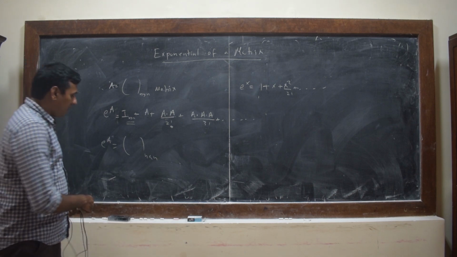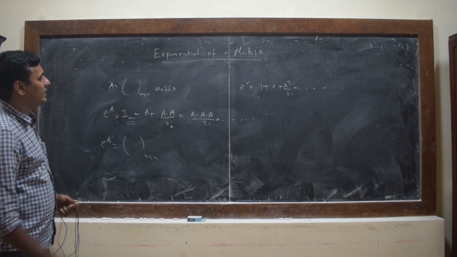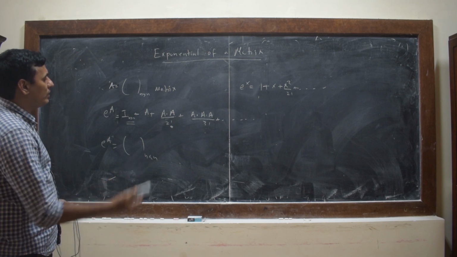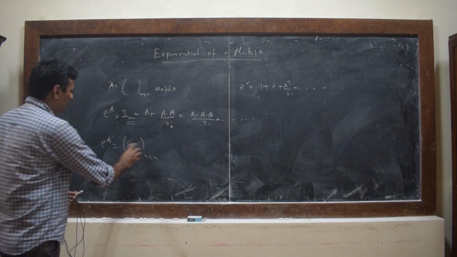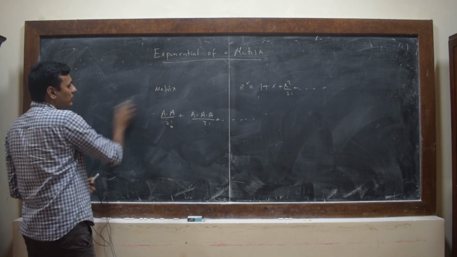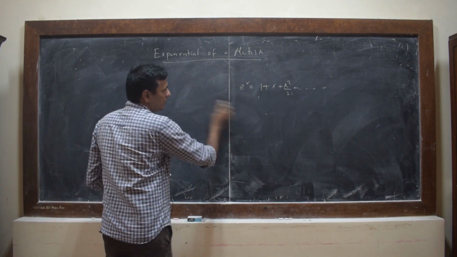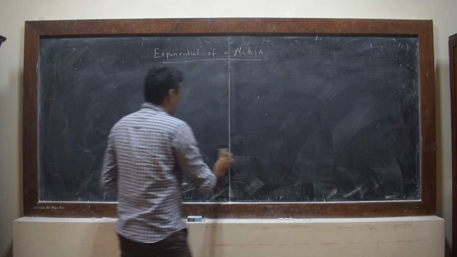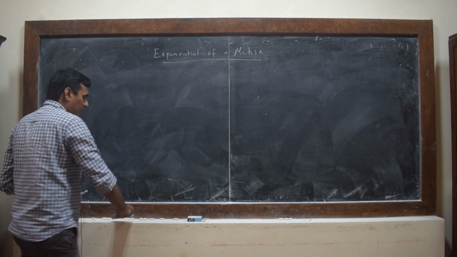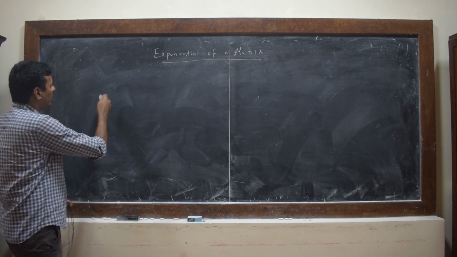Okay. All right. So, let us try to evaluate the exponential of a matrix, and then we will generalize it. We will take a particular matrix and then derive a general formula for that. Okay.